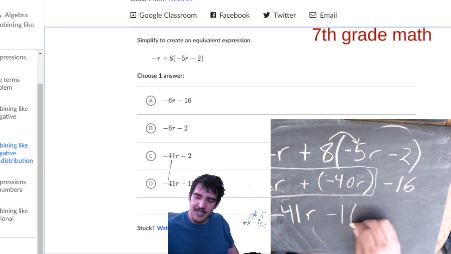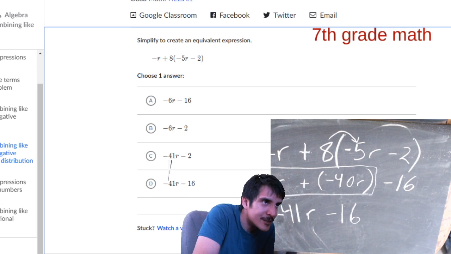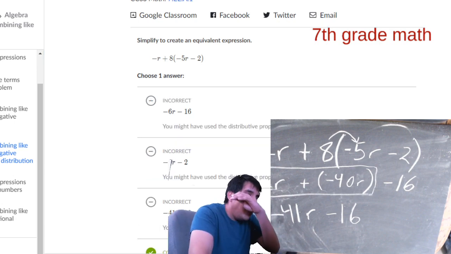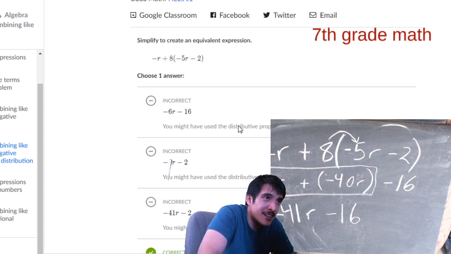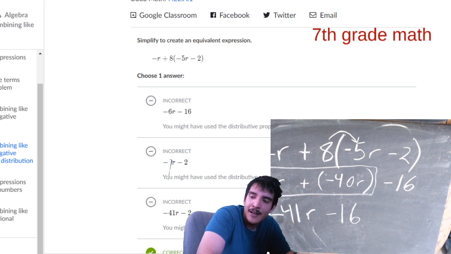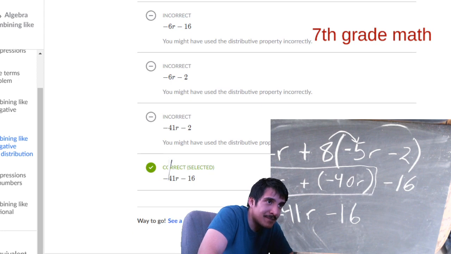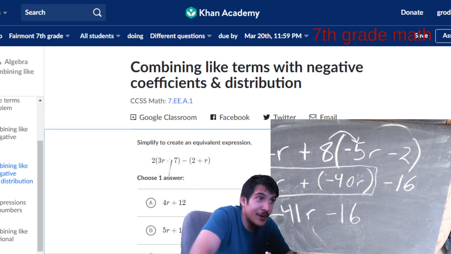Well, minus 16. Can these two be combined? Hopefully you're all shouting no at your Chromebook monitor. And if you chose any of the other ones, Khan Academy said you may have used the distributive property incorrectly, like I did on the last problem. But I selected the correct one this time, so I think I'm getting good.